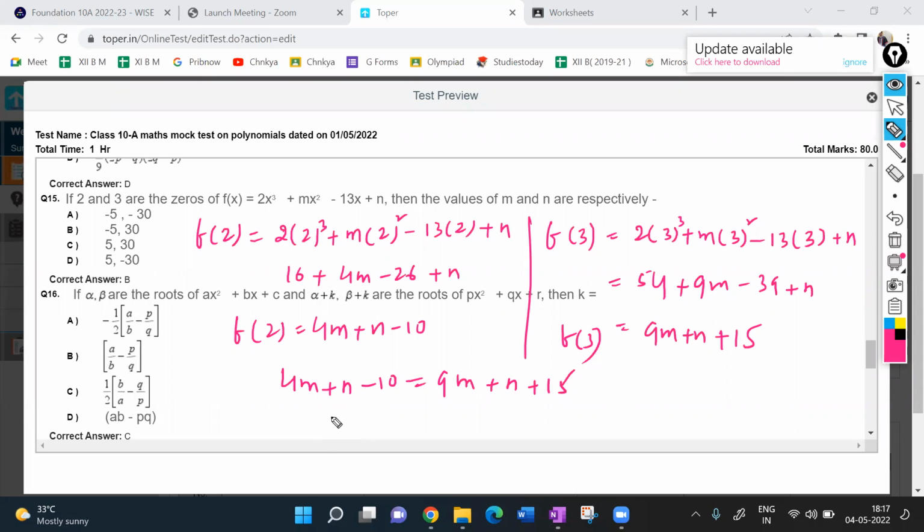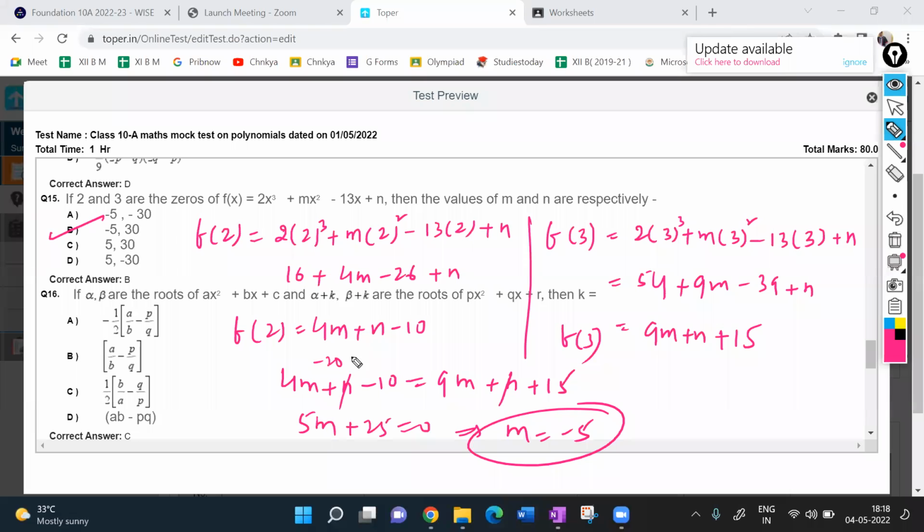Now look at this here. You can do it like this. Now 5m, both n's will get cancelled. 5m plus 25, so m value is minus 5. Where is it available? Option B alone is minus 5. Oh no, option A is also minus 5 here. The m value is minus 5, beta. So what is the n value? Substitute somewhere, you will get it.